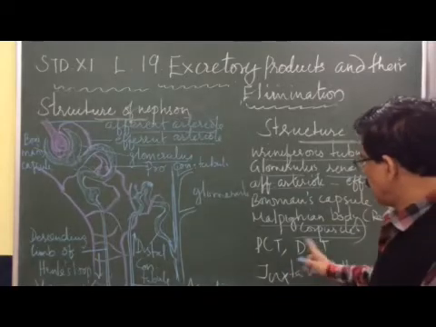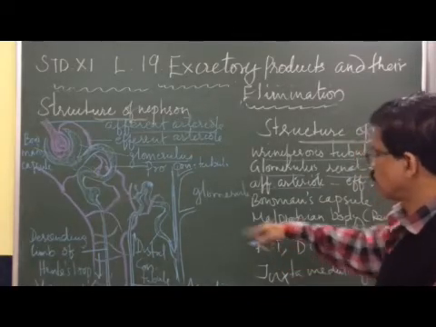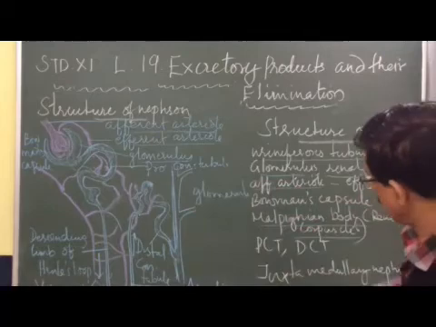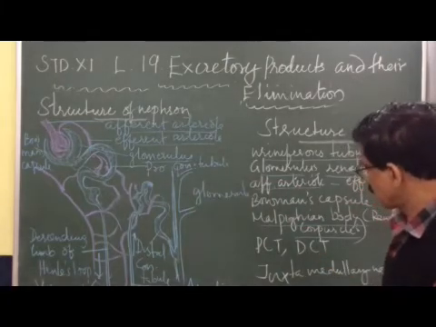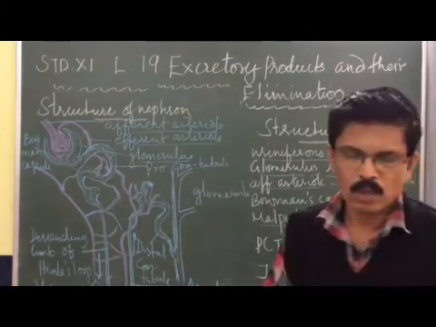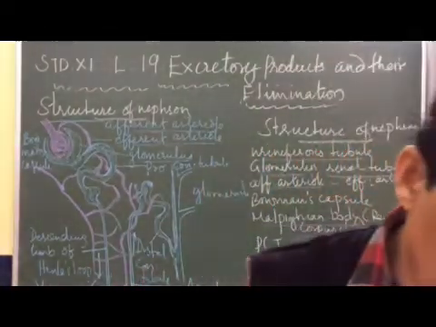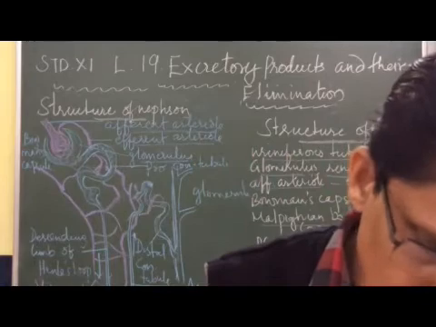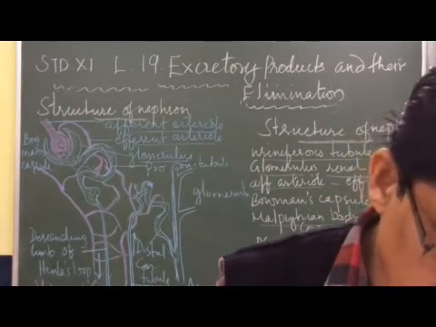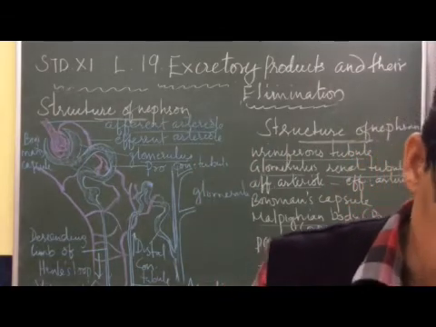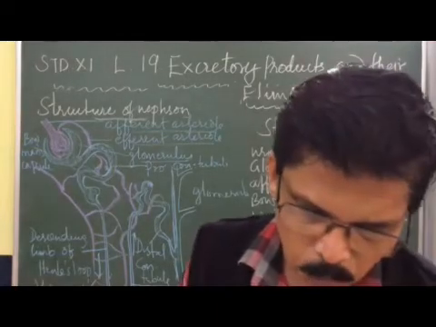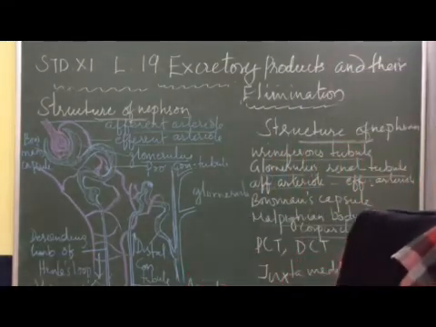You know PCT and DCT: proximal convoluted tubule, the first coiled region, and the distal convoluted tubule, the second coiled region.